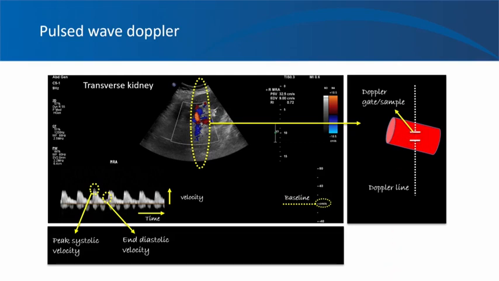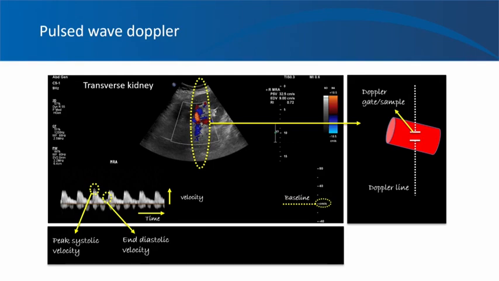So this should be placed on the blood vessel of interest, and the gate size can be adjusted as needed. And you should try to put the gate in the center of the vessel. So essentially the main difference is that in these two modes, for the continuous wave you just get this dotted line, and for the pulsed wave you get a dotted line with a gate in between.